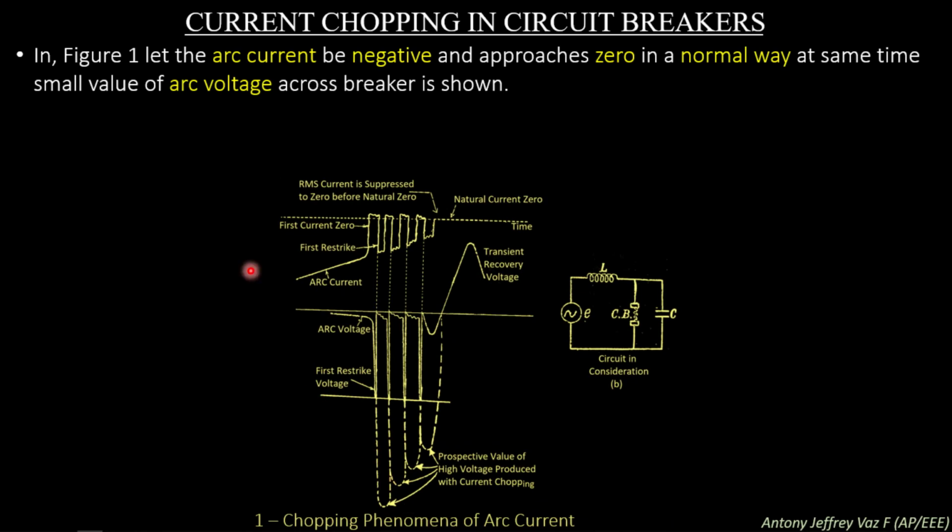In figure 1, let the R current be negative and approach 0 in a normal way. At the same time, a small value of R voltage across the breaker is shown in the figure.